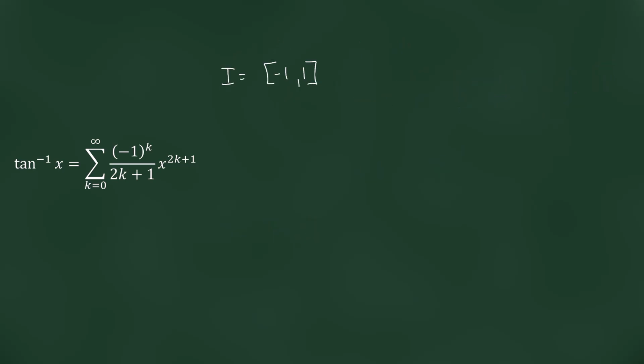All right, so now our job is to check to see if we converge to tangent on this entire interval. So we're going to look at the absolute value of the remainder. Because it's an alternating series, we know that's less than or equal to the absolute value of the n+1 term.